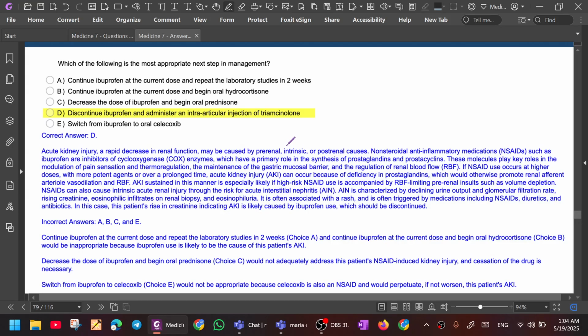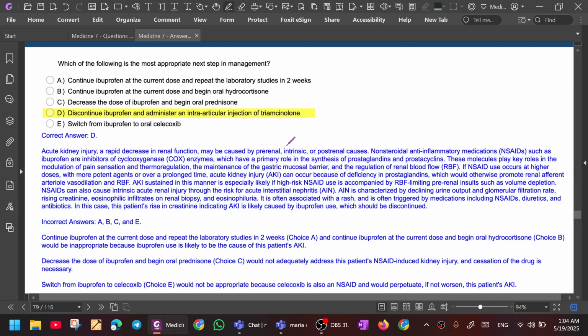Non-steroidal anti-inflammatory NSAID medications such as ibuprofen are inhibitors of cyclooxygenase enzyme, which have a primary role in the synthesis of prostaglandin and prostacyclin. These molecules play key roles in the modulation of pain sensation and thermoregulation, the maintenance of gastric mucosal barrier, and the regulation of the renal blood flow.